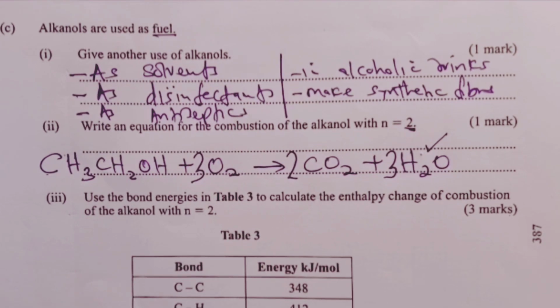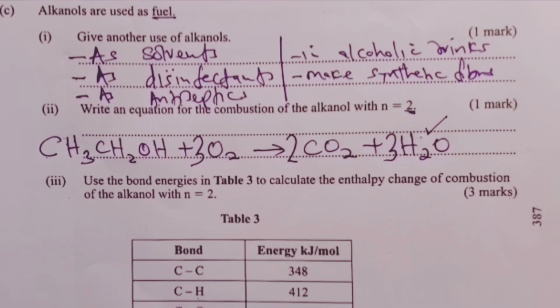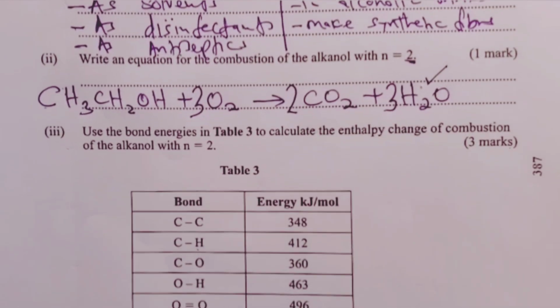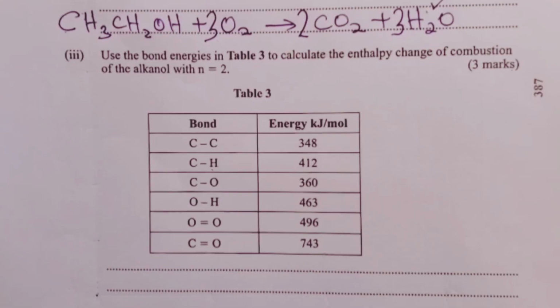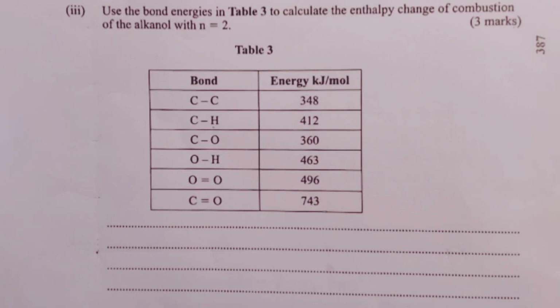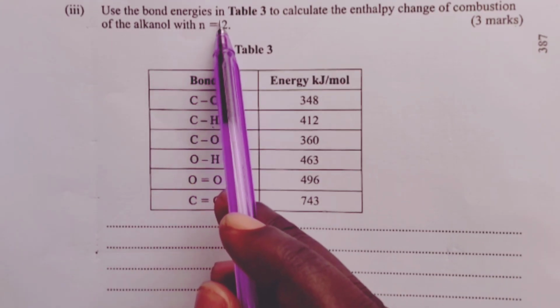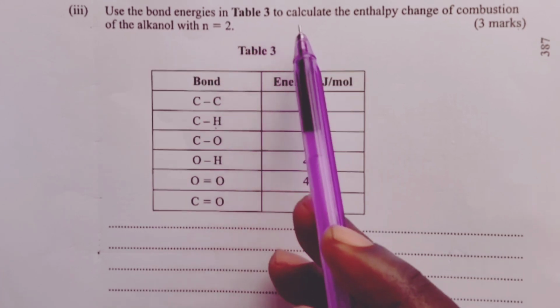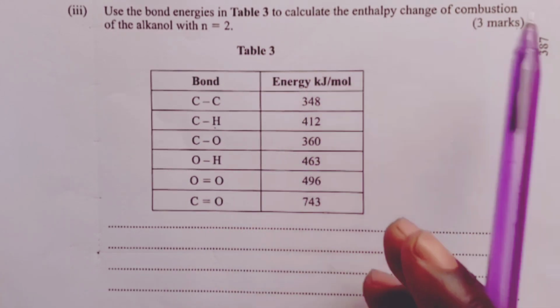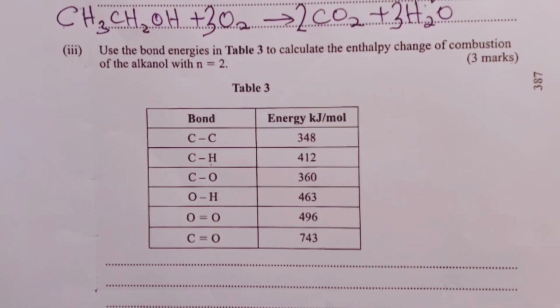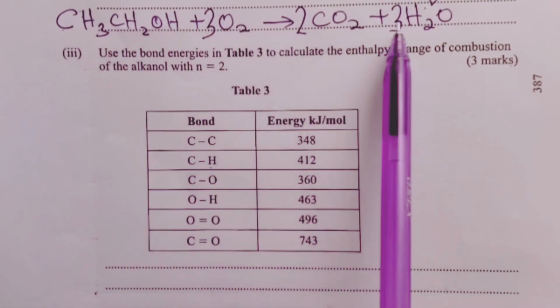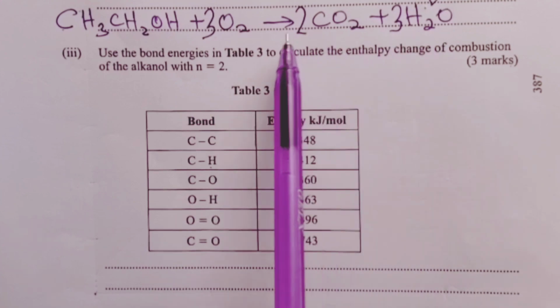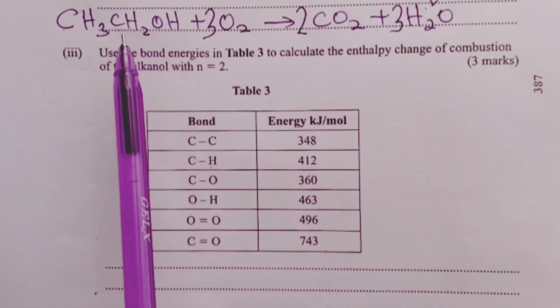So a candidate would afford not to write them, just as we have done. Let's move to the last question. We are asked to use the bond energies in table 3 to calculate the enthalpy change that accompanies this reaction that we've just written the equation for.